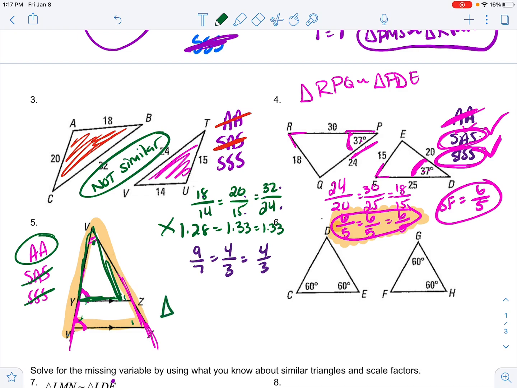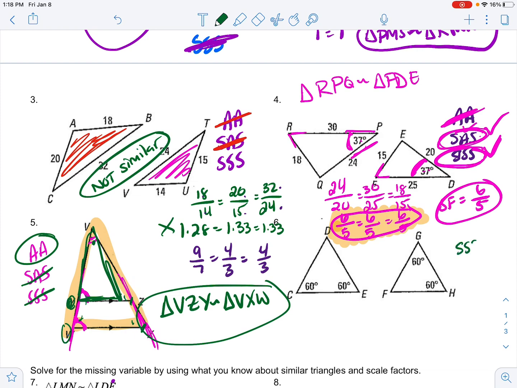So I have triangle, let's do the little guy, VZY is similar to triangle what? V goes with itself, Z goes with X, and Y goes with W. There you go.